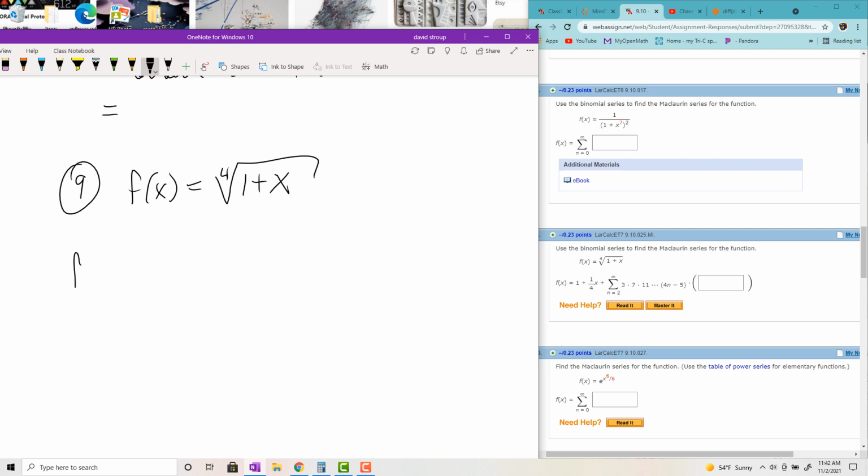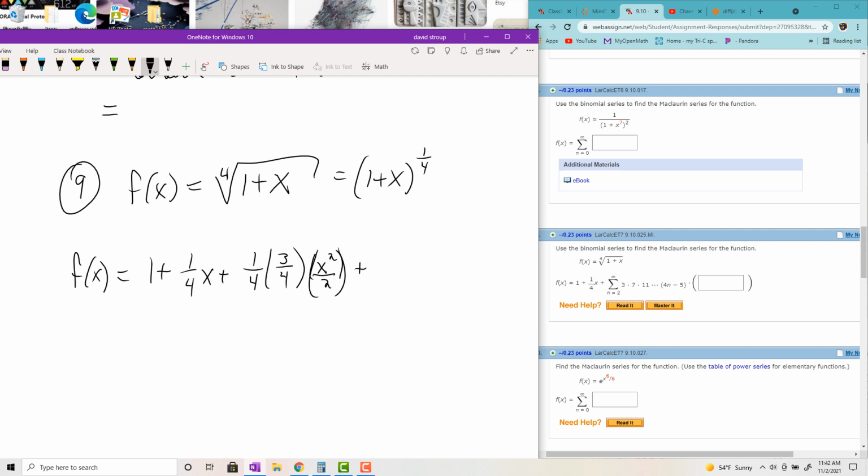So we know our power series representation will be, because this is 1 plus x to the 1/4, 1 plus 1/4 x plus 1/4 times 1 minus 1/4, which is 3/4, times x squared all over 2, plus 1/4 times 3/4 times... okay, so this was n equals 0, I believe.